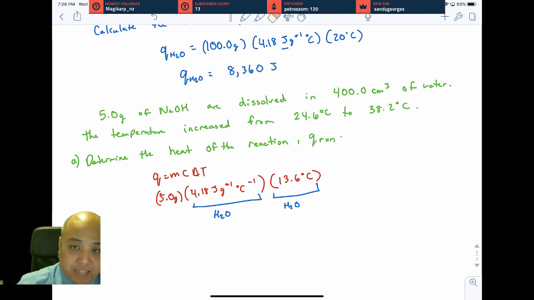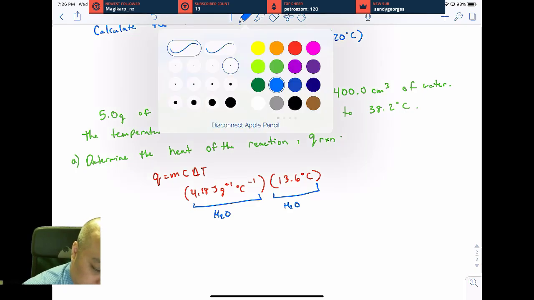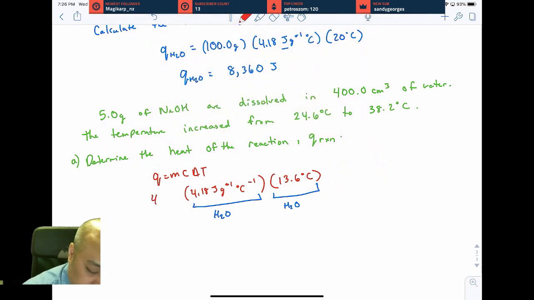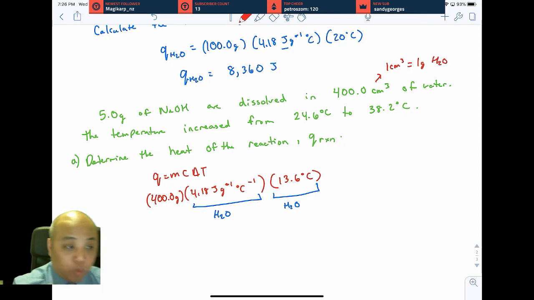And so that's where students make a mistake. And so this should not be 5, but it actually should be 400 grams of water, because 1 centimeter cubed of water is equal to 1 gram. And that's only true for water. So make sure that you are familiar with that here.